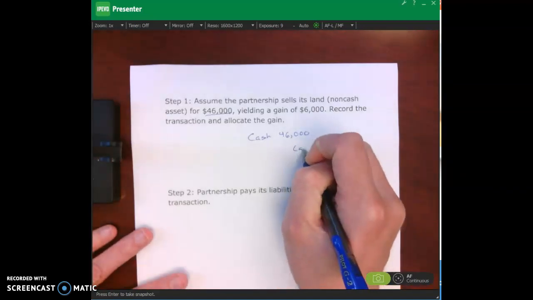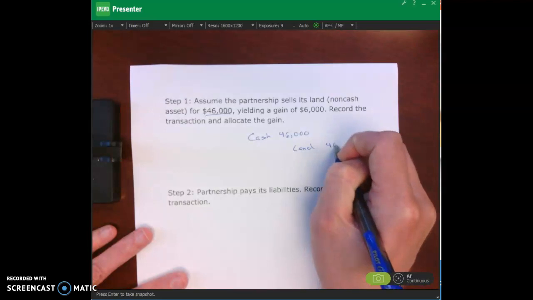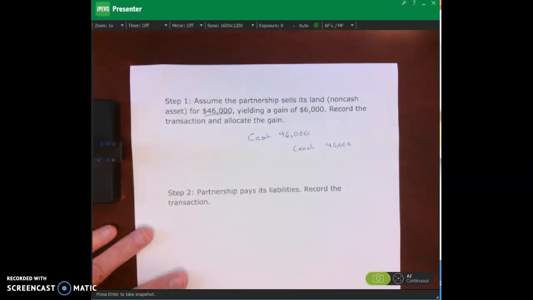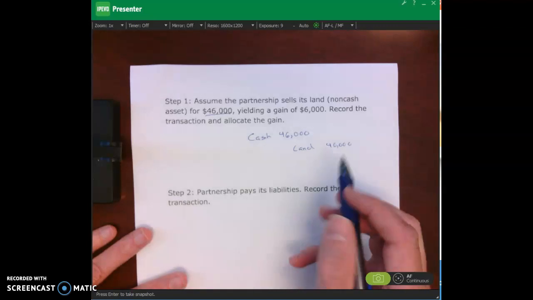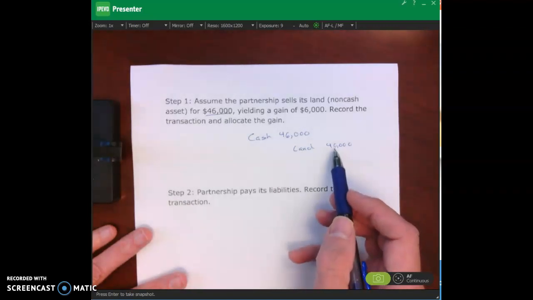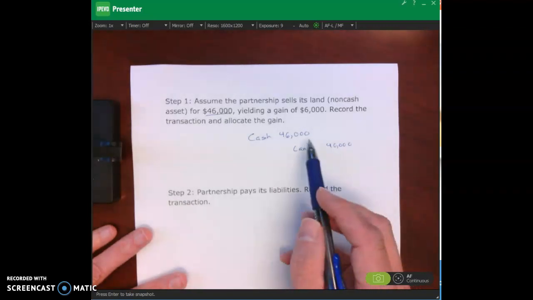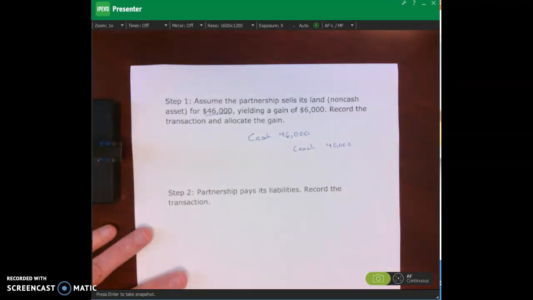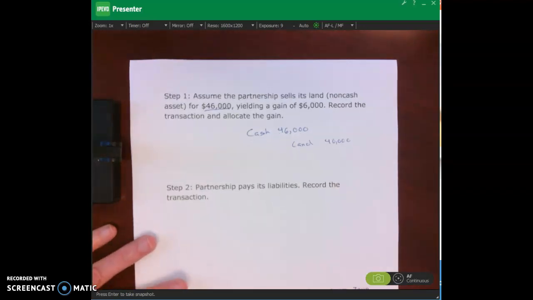In this case, we credit land for $40,000. Notice that there's no accumulated depreciation here because land is not depreciated. So the book value of the land is $40,000, which is the cost. We sold it for $46,000 cash. That means we have a gain of $6,000.